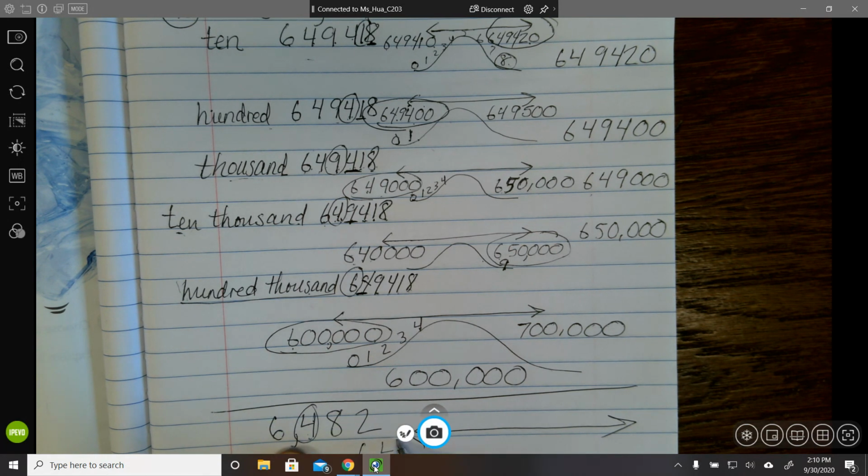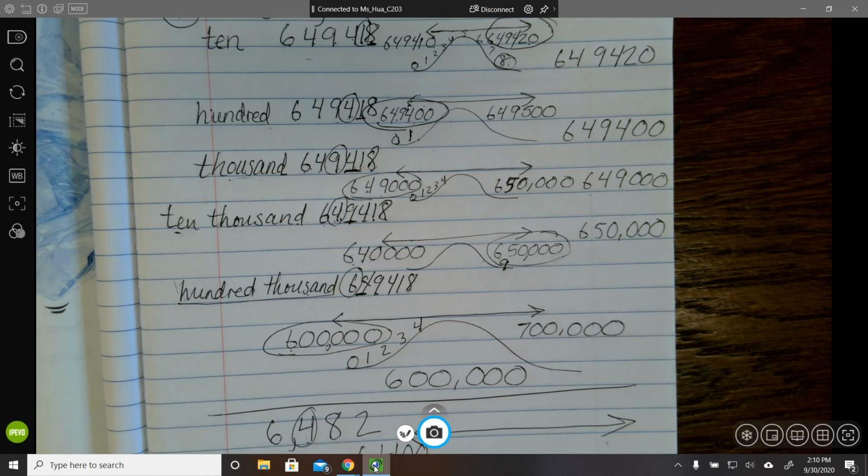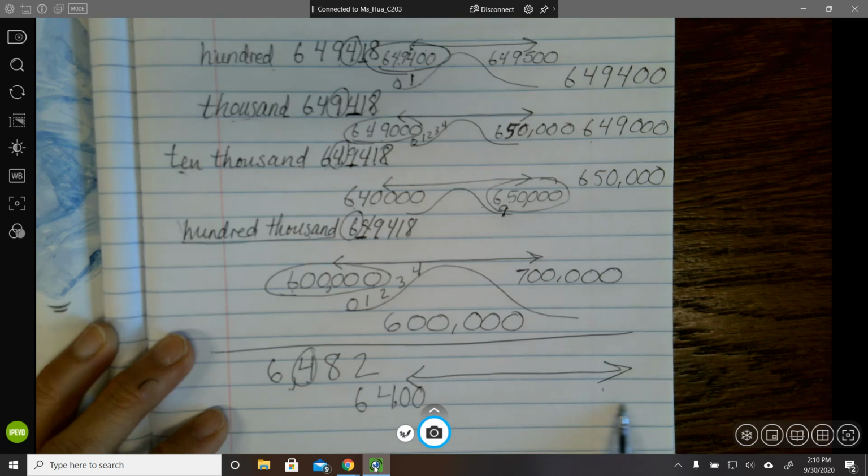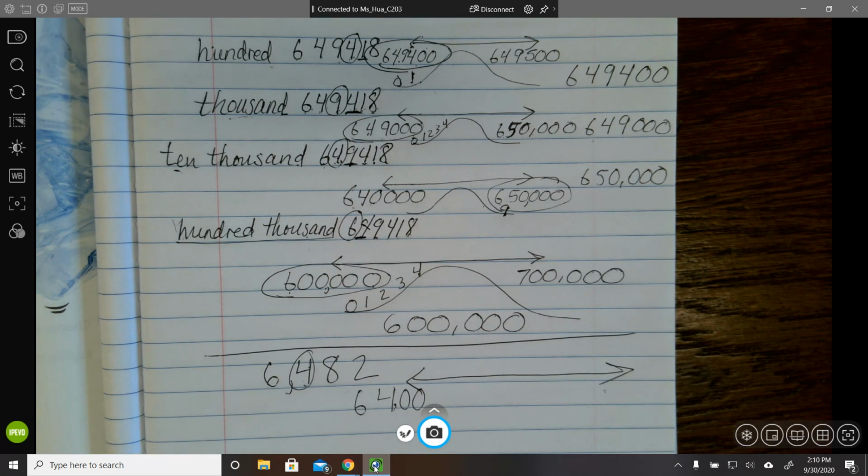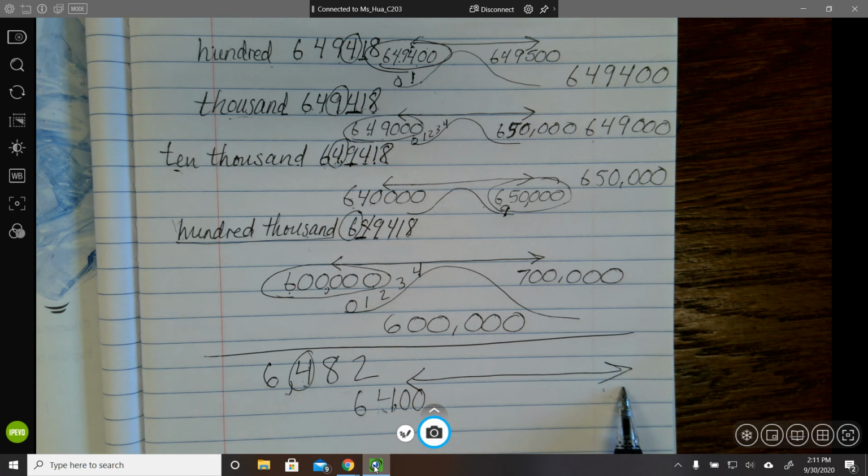So look, 6,400. And what's on the right side? If this is 6,400 on the left, what goes on the right? Well, you have 400 over here. So what's the next 100 up? You have 400. What's 100 from 400? That's right. It is going to be 500. But don't forget, you have to leave the 6 down, okay?